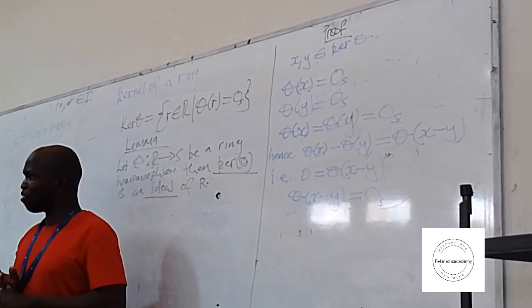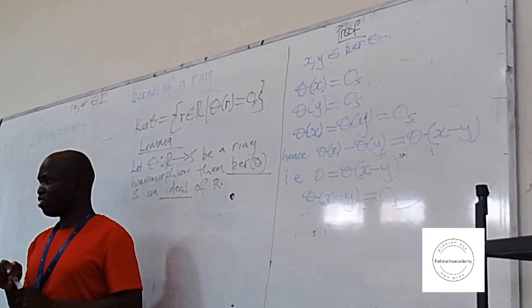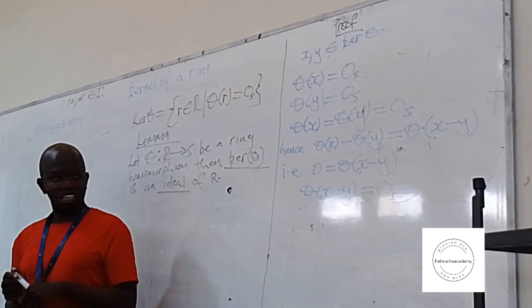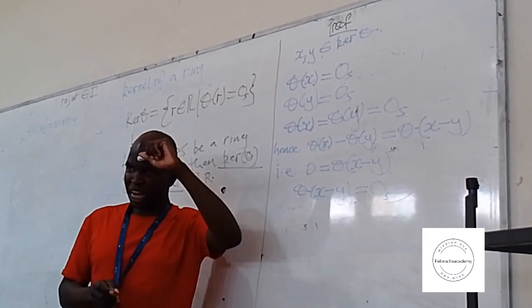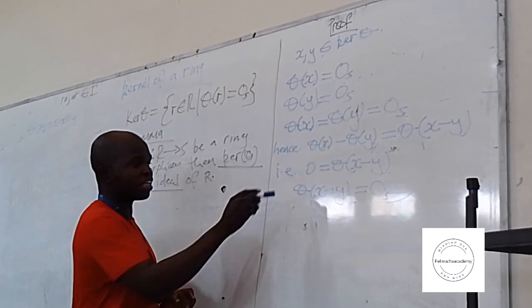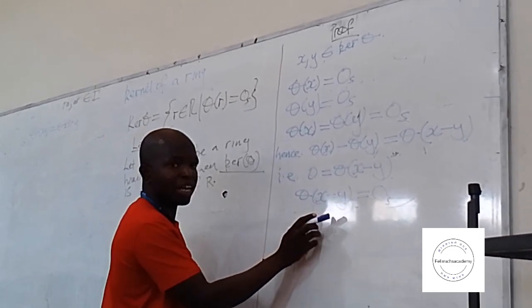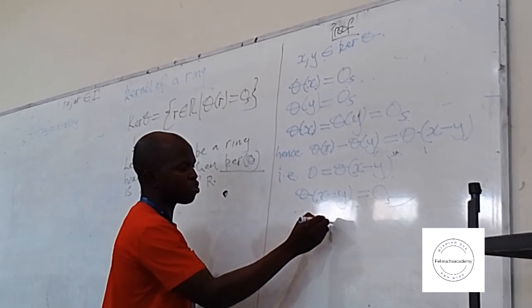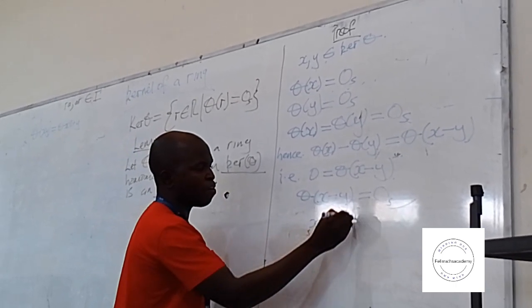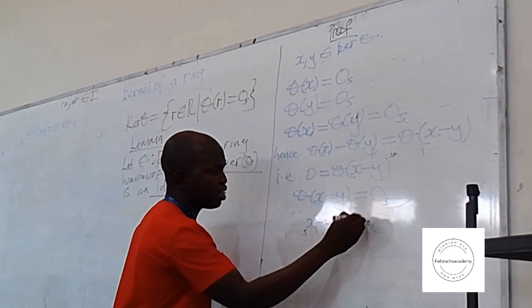So it's in the kernel, because 0 is the identity. So theta of x minus y has gone to the kernel, which means that x minus y is an element of the kernel of theta.